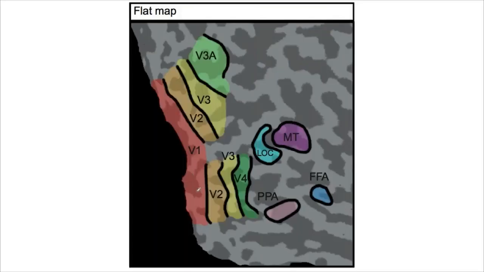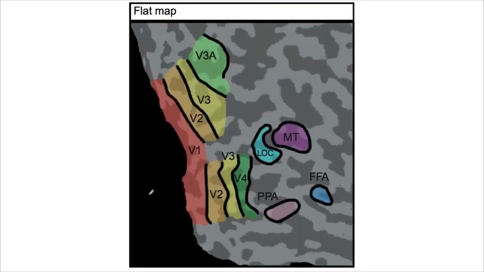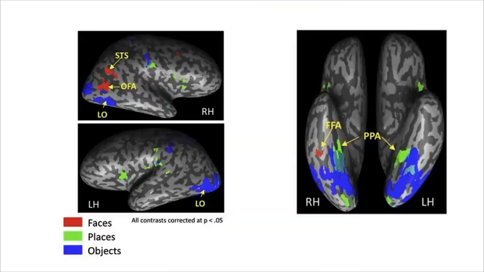Sometimes it's really hard to see them in the folded version of the brain, under different sulci and gyri. But when you flatten them, you can see how these areas are in relationship to each other, and how multiple levels of information are processed gradually there.